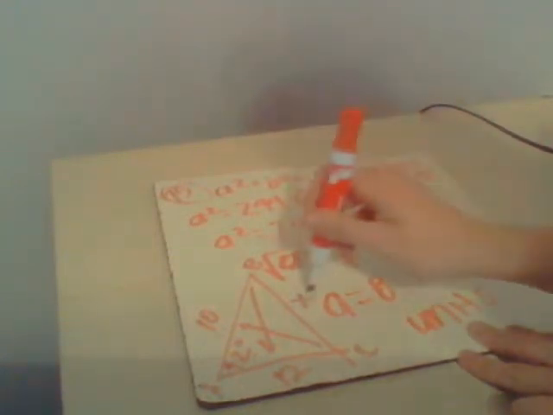Now we're not done yet because a still has the square. To get rid of the square and have a fully simplified, we're going to take the square root of 65.65. And that is going to equal, side length a is equal to 8.1 units. Now I only rounded to the tenth.